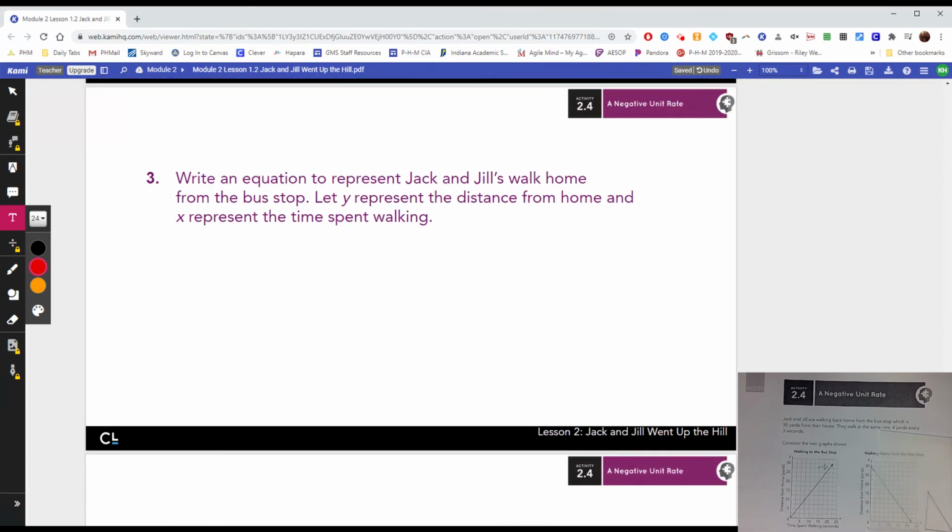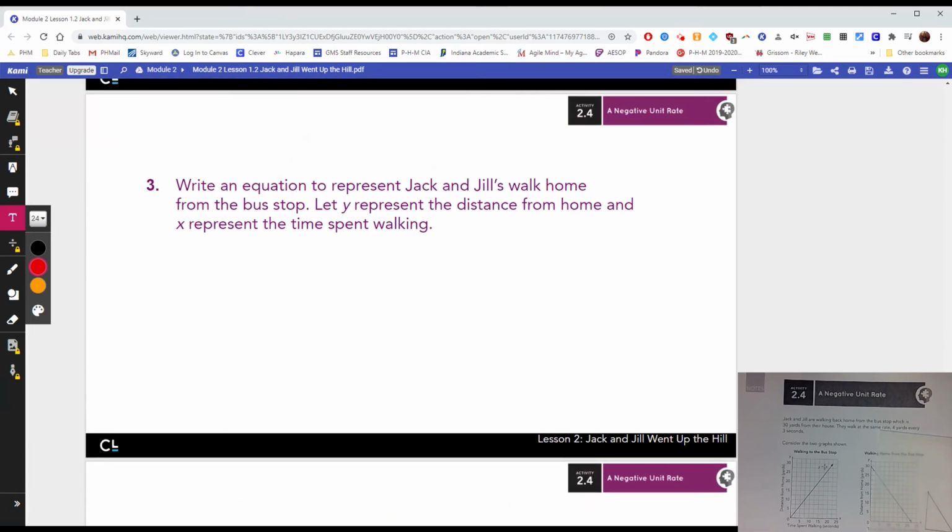All right. Number 3, we're going to wrap this up. It says write an equation to represent Jack and Jill's walk home from the bus stop. Let y represent the distance from home and x represent the time spent walking. So we saw in our last activity that when a line does not go through the origin like this, then we have this form of an equation where m represents the slope and this b represents the amount of the translation up or down, the vertical translation.